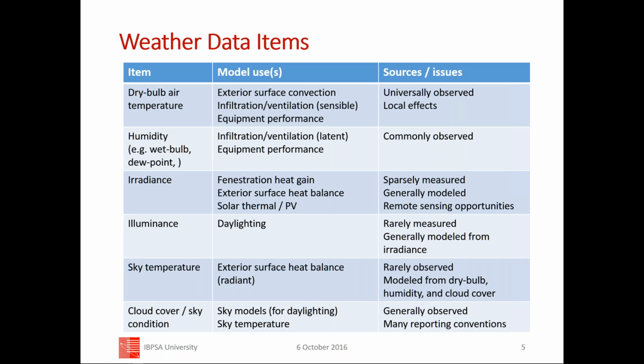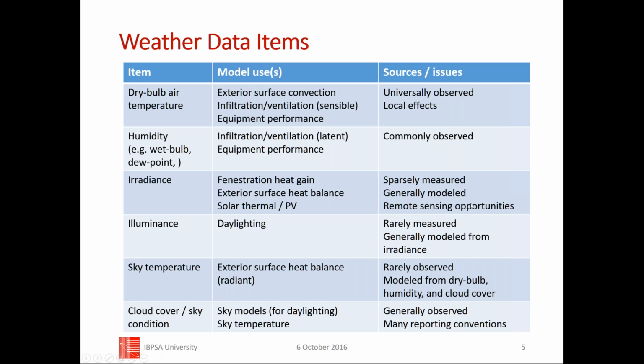Irradiance, which is the solar gain across the entire spectrum, is needed for fenestration calculations, exterior surface heat balance, and solar thermal modeling. It's sparsely measured, and it's generally modeled, and we'll talk about that.